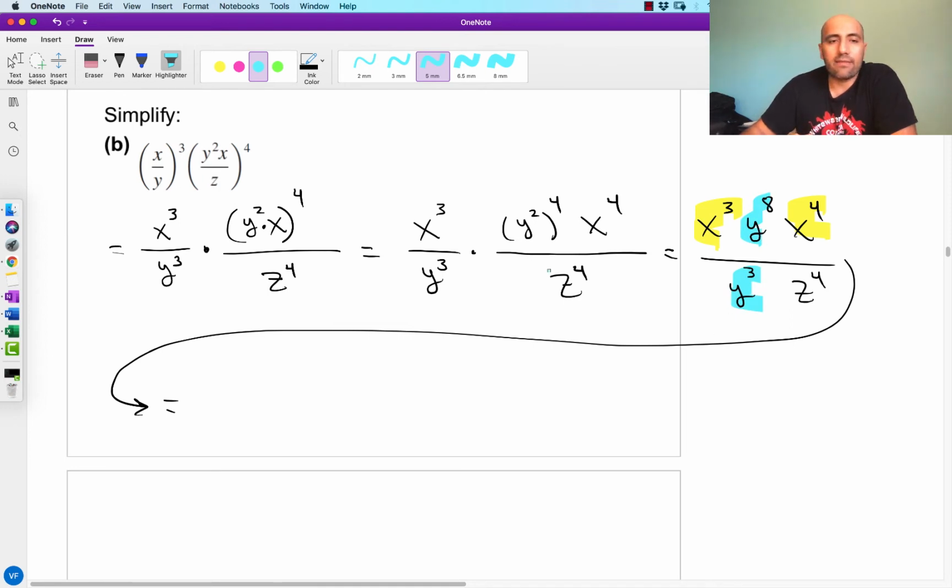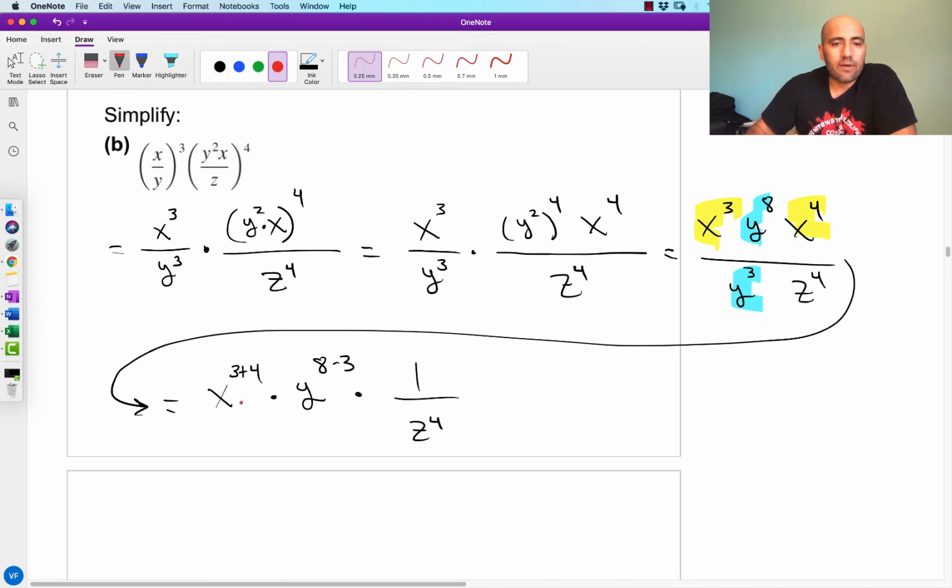I know I can simplify them by subtracting the exponents. So this is going to be equal to x to the 3 plus 4 times y to the 8 minus 3 times 1 over z to the 4th power. Right? You can also think about putting a 1 underneath each one of these if it makes you feel better.